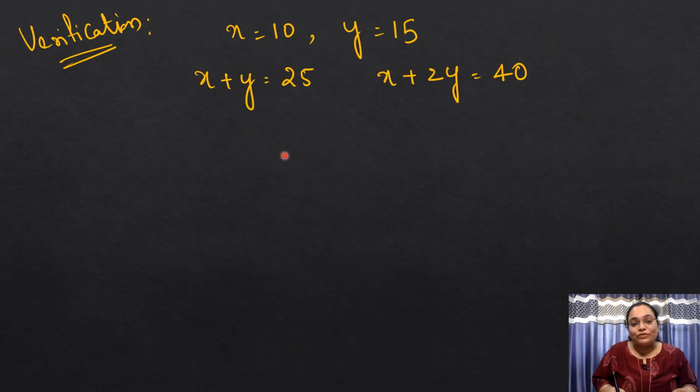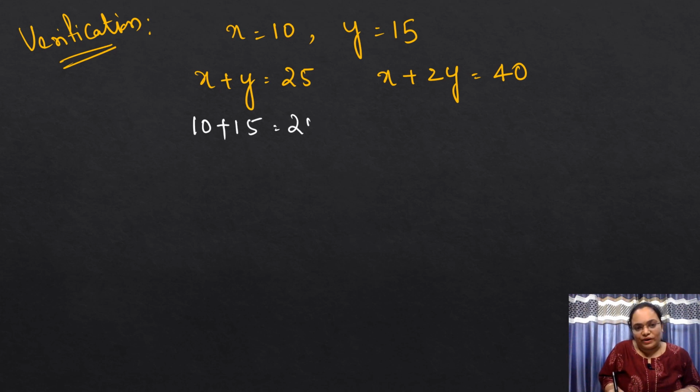So how do we do the verification? We will just substitute these two values in these two equations and see if it satisfies both equations on both sides. Let us substitute. x is 10 plus y is 15, so 10 plus 15 is 25, 25 is equal to 25.